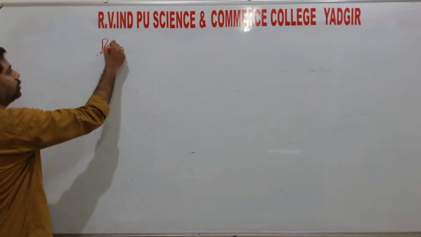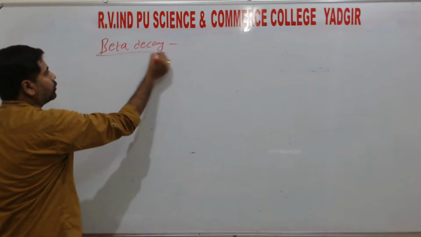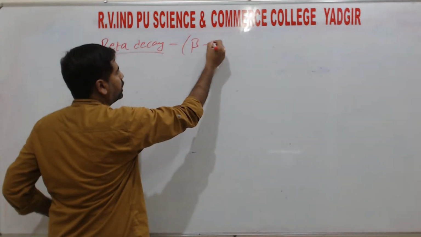The next one is beta decay. Beta decay is denoted by the beta symbol.